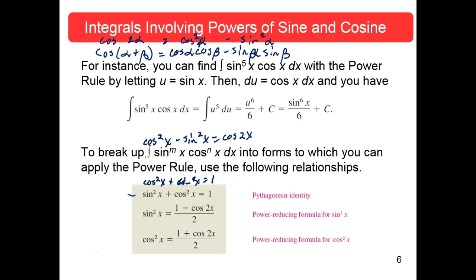Just use these two formulas, which are easy to remember, and you can derive these in fairly short order. Okay? So if you wind up with all even powers, and you can't use a substitution easily, do this, and you go from an even power to an odd power.